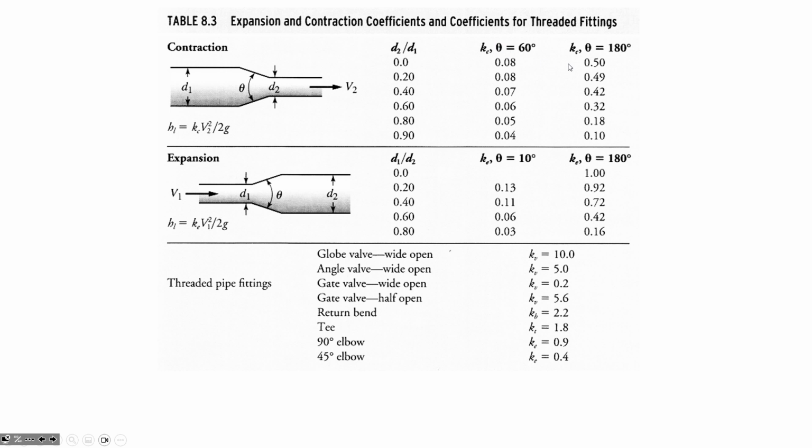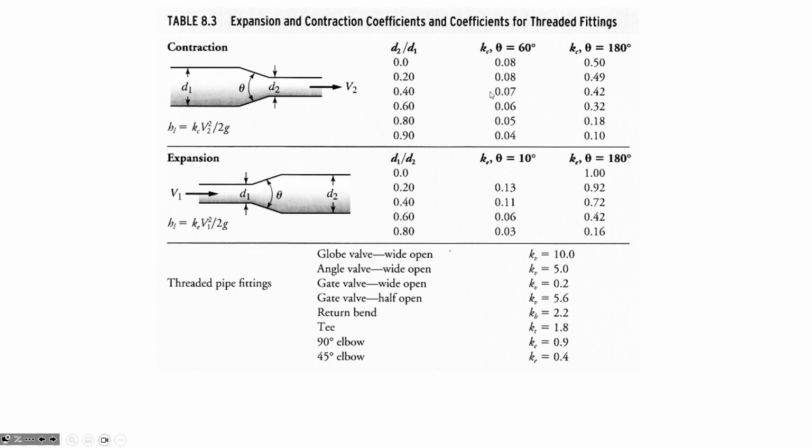And so there will be more energy loss as a result. And it looks like more than 5 times as much energy loss. An angle of 180 degrees would look basically like you've got one pipe coming in and then just no tapering whatsoever.